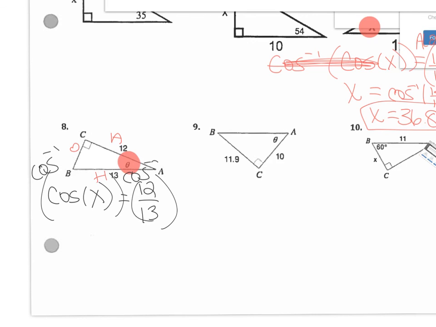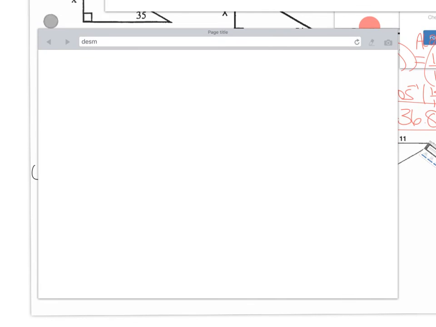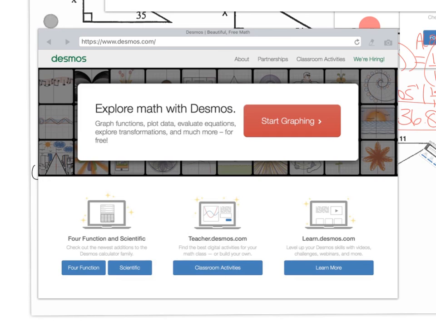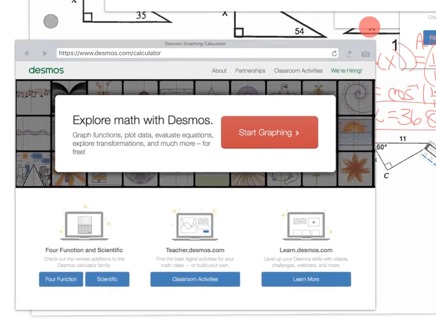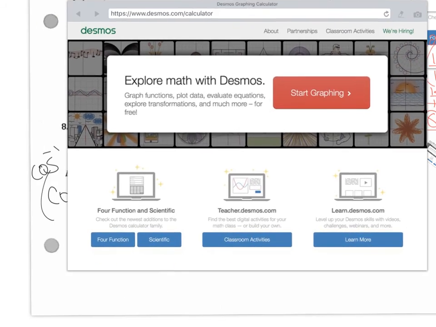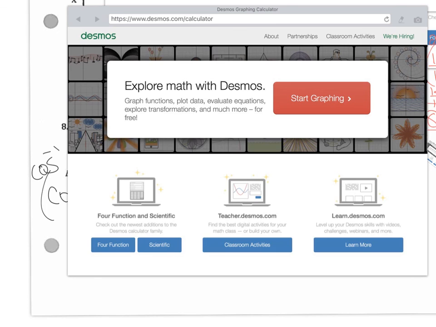So in my calculator, at least everything loads fast. I'm going to do arc cosine of, naturally I forgot, 12 divided by 13.